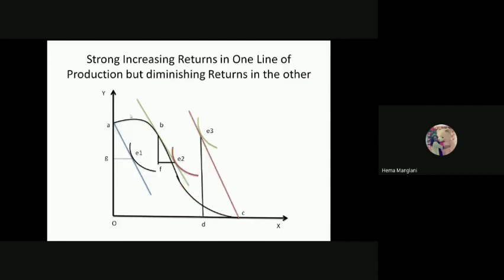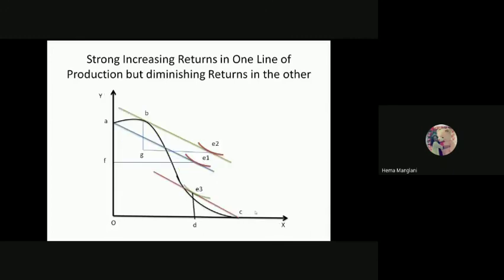So it means the steeper price lines would be beneficial when to opt X commodity when you are getting strong increasing returns in this particular good. So here, opting the C point is not beneficial or welfare oriented for this country because the price lines are flatter here, and that is why the X commodity is not giving you the pro trade situation.